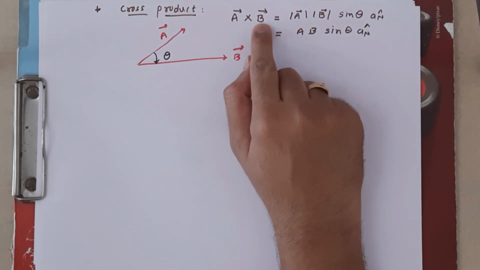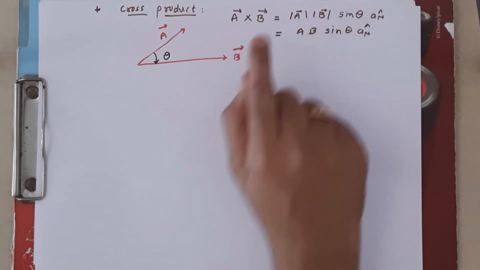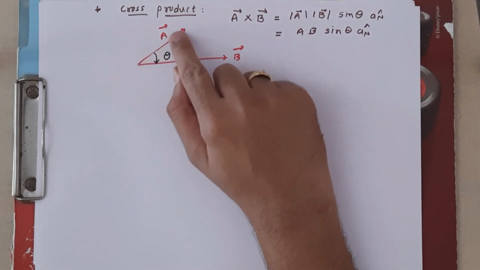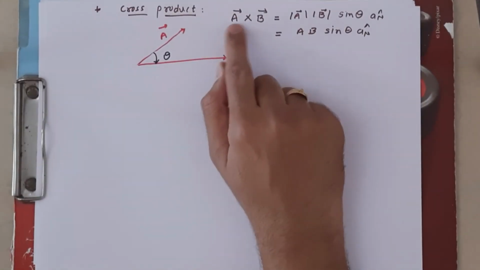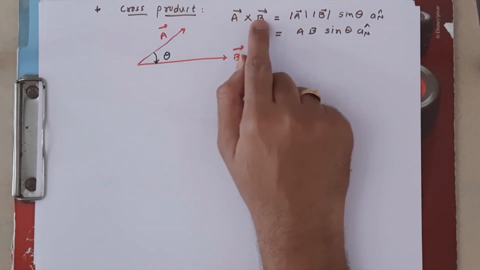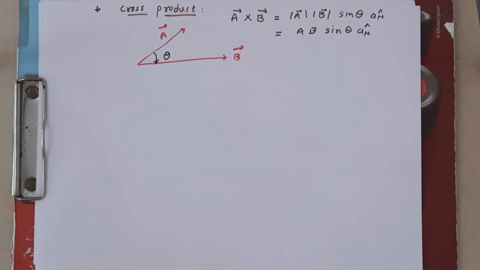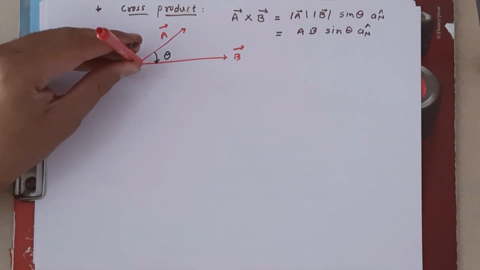So the new vector is generated in which direction? Here this one is the direction of vector A, this one is the direction of vector B. The new vector is generated perpendicular to the plane of vector A and vector B.